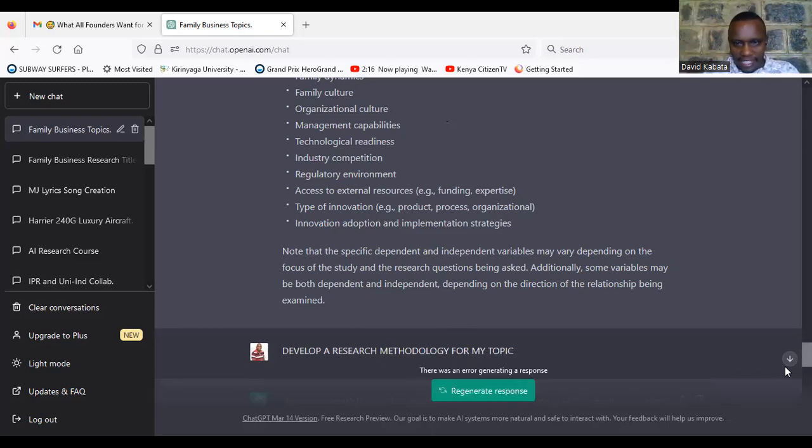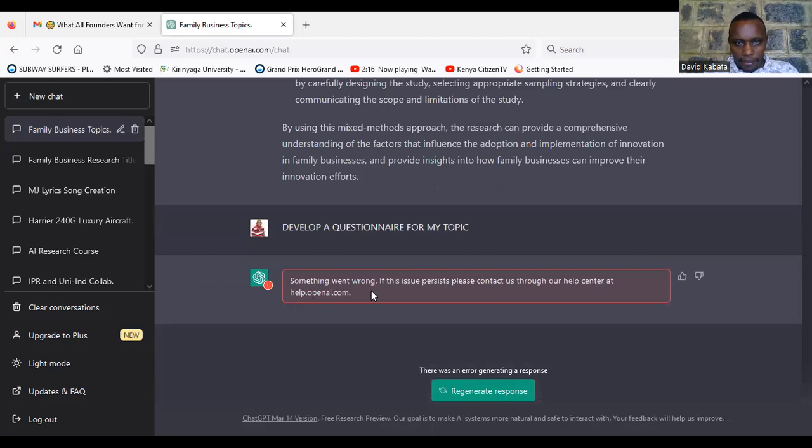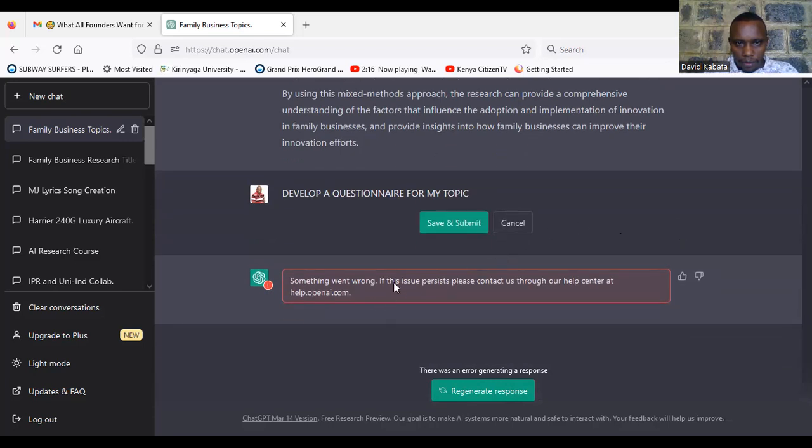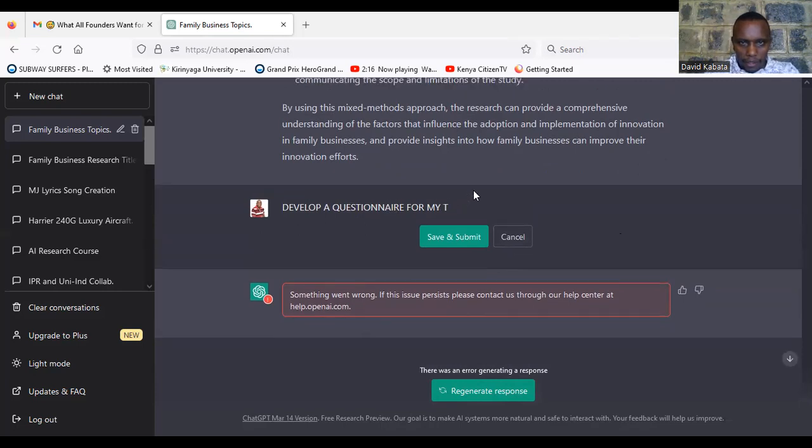Let me see whether it works. Develop, create a questionnaire. I don't know why ChatGPT has decided not to do that for me.